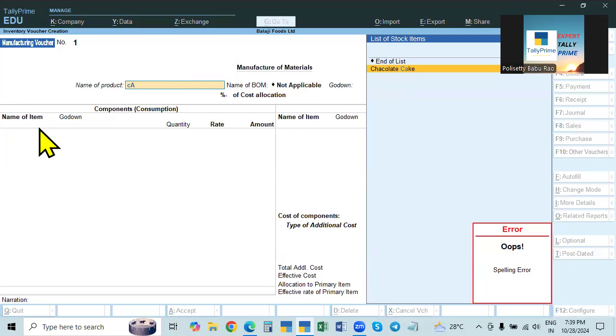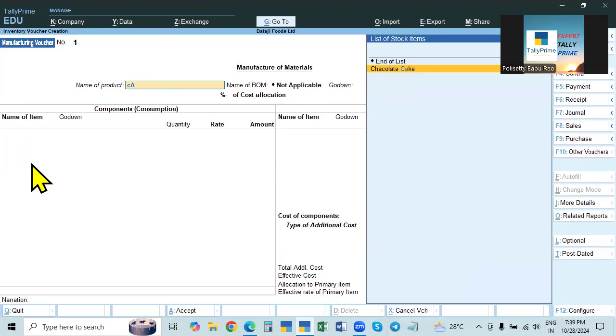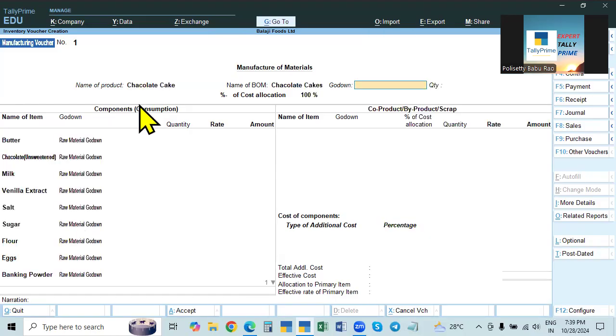Take the cake, and automatically the bill of material name is given. As per the bill of material, these are the materials required from this godown.